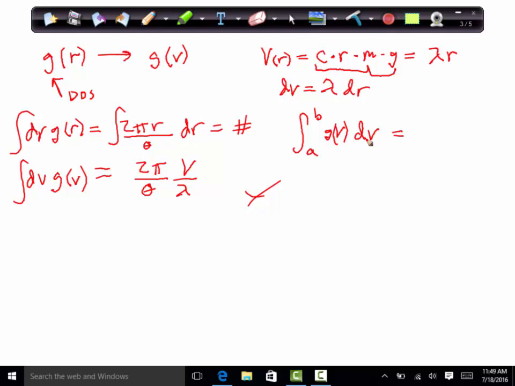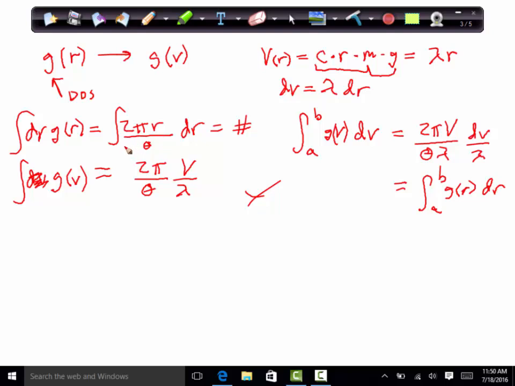We substitute in the dv here, and we get 2 pi v over theta lambda, and our dr here, we have to change variables, is dv over lambda, and this also has to equal the integral from a to b of g of r dr.